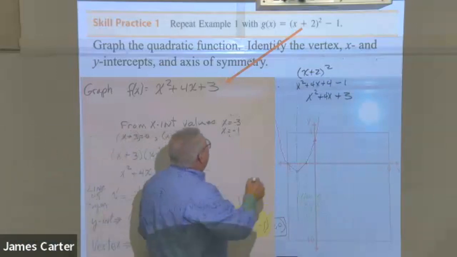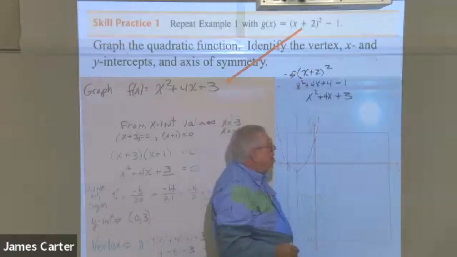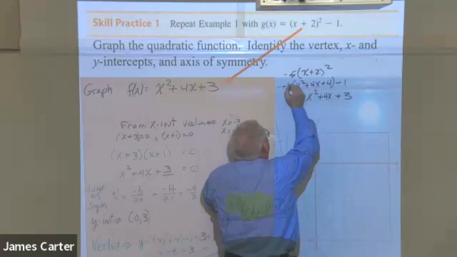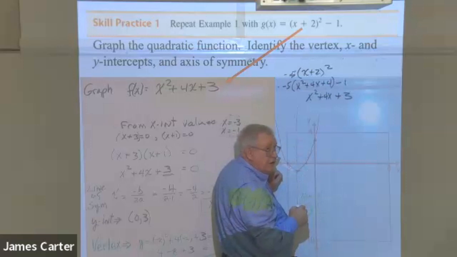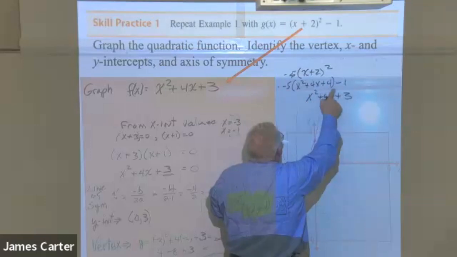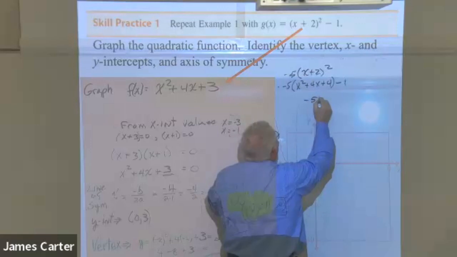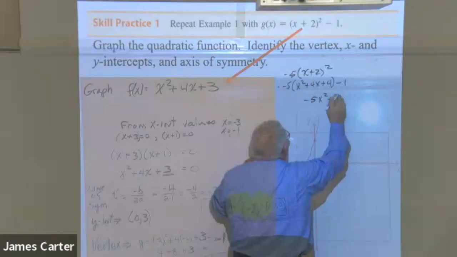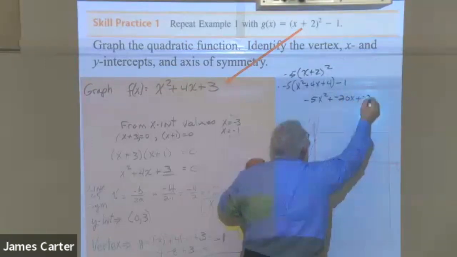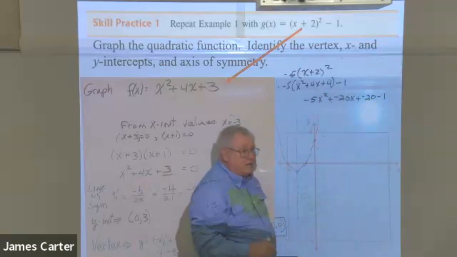Now, what if I had a 5 out here in front? What if? Or even a -5? Well, you still have to do this first, except you'd have the -5 in front of it. Okay? And down here, you'd have to multiply -5 times all of that. -5x squared plus -20x plus -20 minus 1, because you're not taking that -5 times the -1.